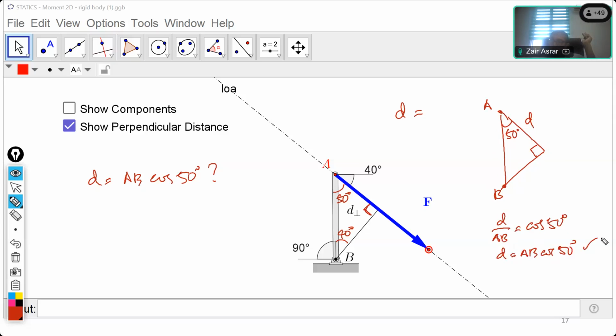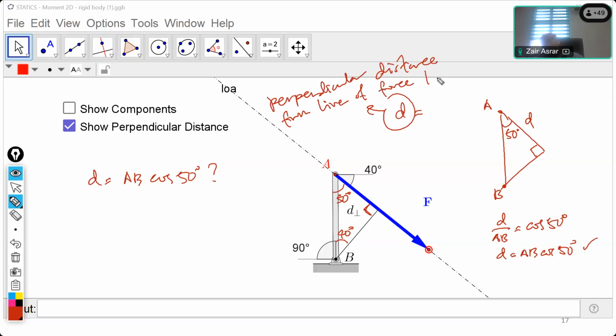Is that so? Is this the right one? No. Because when we talk about D, what is D? Again, D is the perpendicular distance from the line of force towards the point of moment.